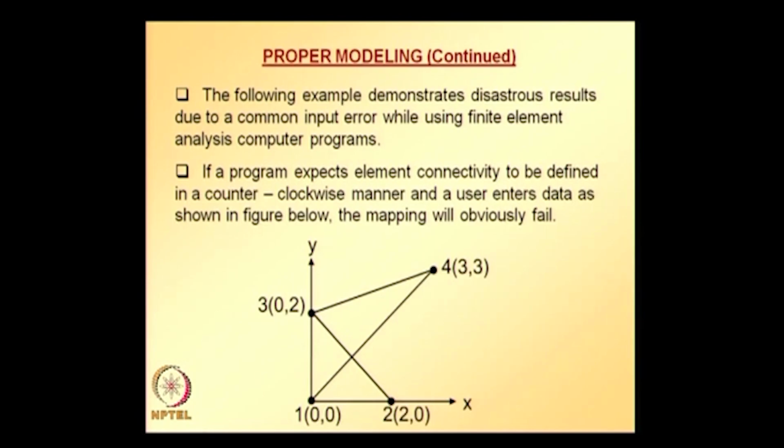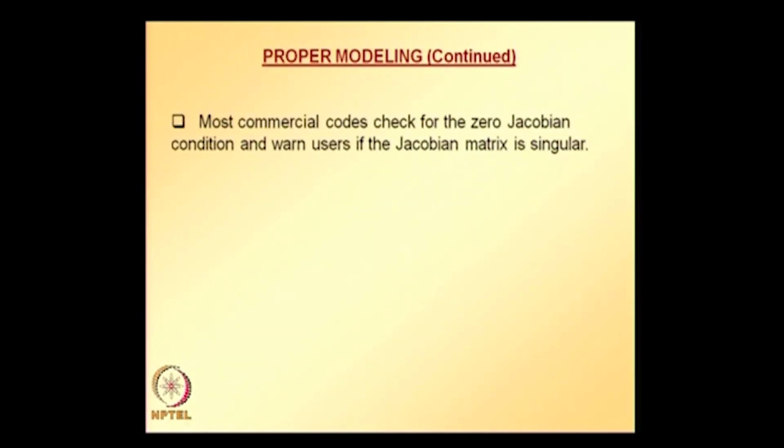So the computer program, when it reads, takes the nodal connectivity as 1, 2, 4, 3 instead of 1, 2, 3, 4. So, what happens?